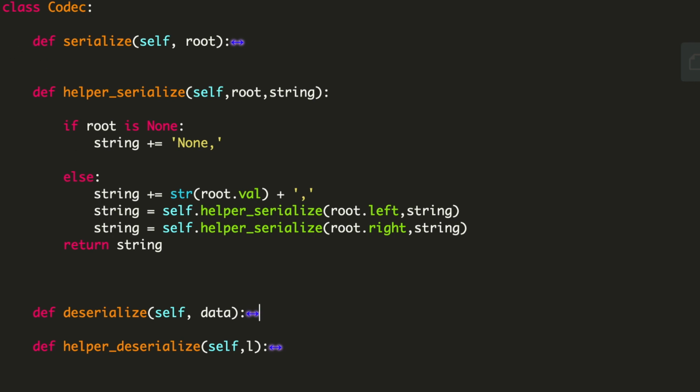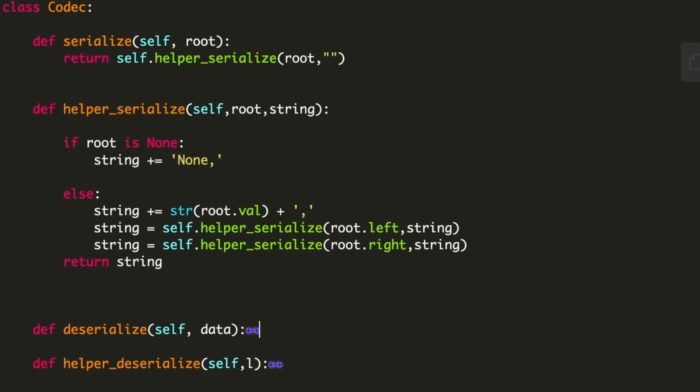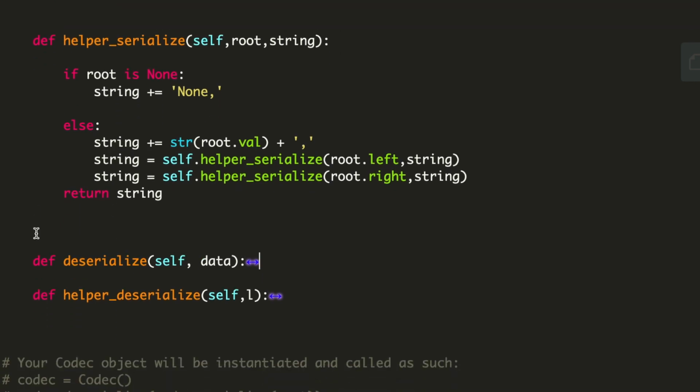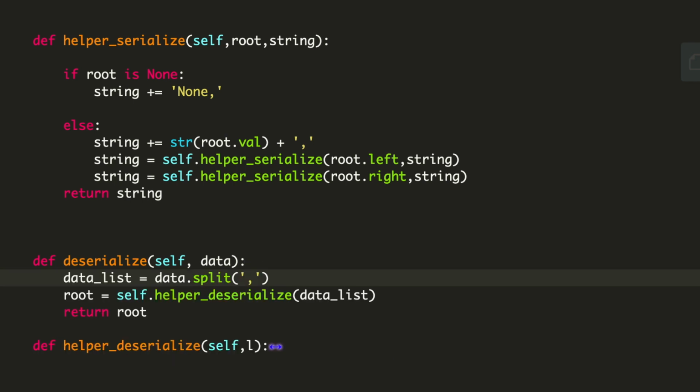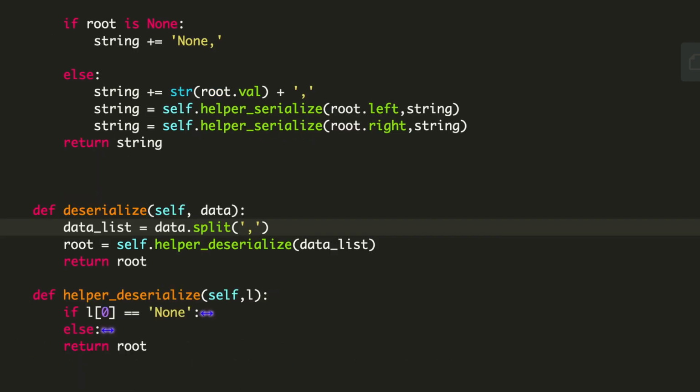We will call our helper serialize function in the main serialize function. And if we look at deserialize, first of all, we will convert the string into a list. Then let's see what we'll do in our helper function. If the value at index 0 in the list is none, then we're going to pop it and return nothing.